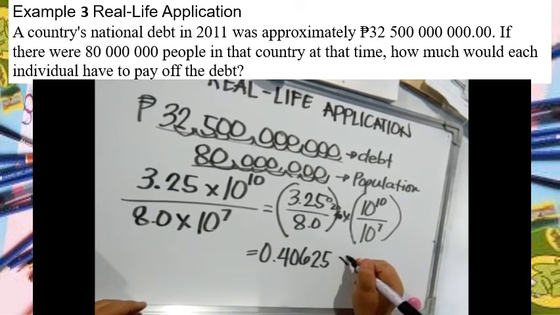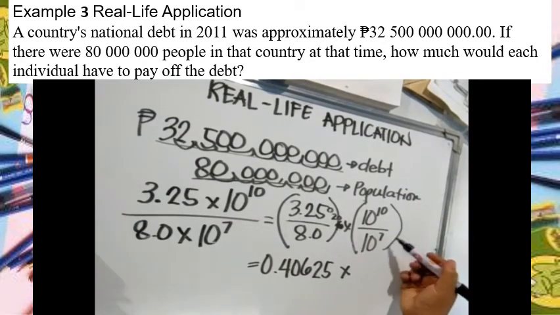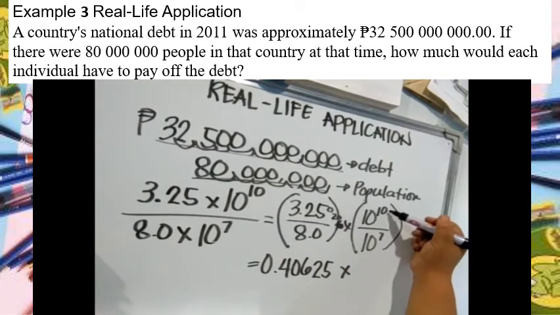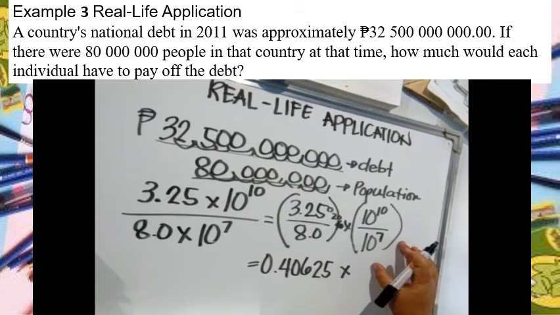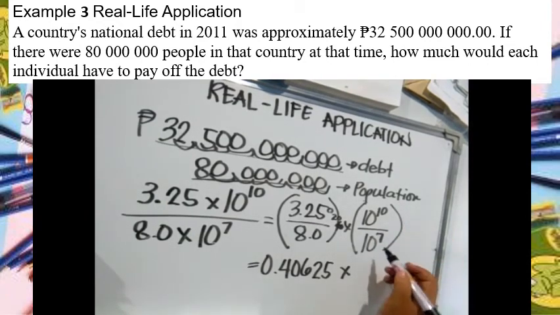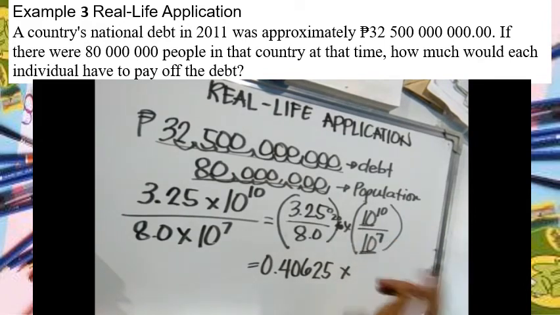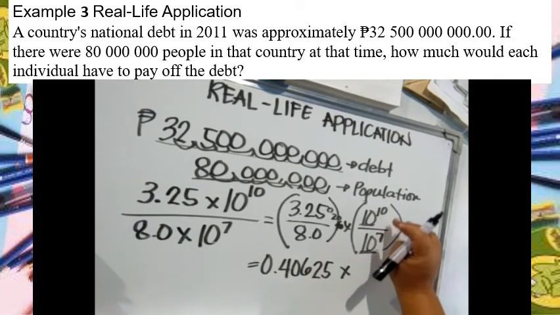And the next is the times. Kanina pod silang duha. Pasayon bitaw ang process, ato siyang gi-breakdown. Okay? 10 to the power of 10 divided by 10 to the power of 7. So, remember, in division of exponents, kung parehas na sila og base, i-subtract na lang nimo ang exponent.